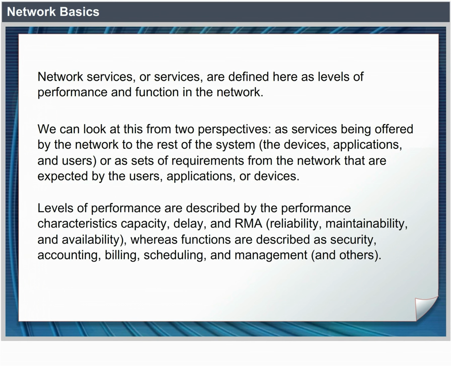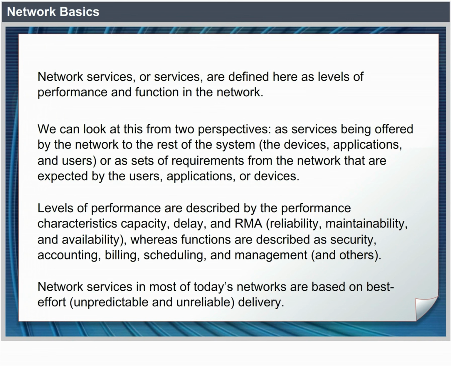Levels of performance are described by the performance characteristics capacity, delay, and RMA (reliability, maintainability, and availability), whereas functions are described as security, accounting, billing, scheduling, and management, and others. Network services in most of today's networks are based on best effort, unpredictable and unreliable delivery.